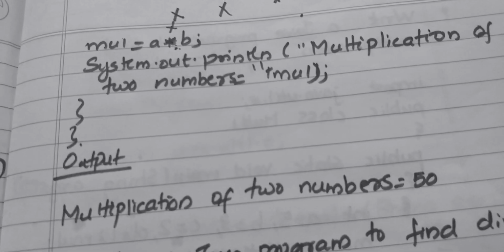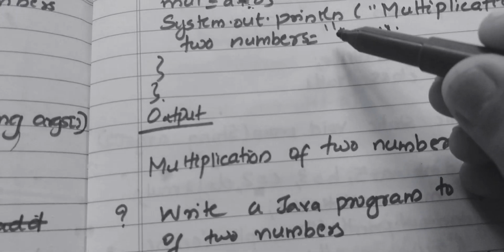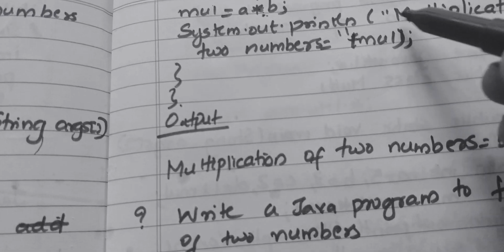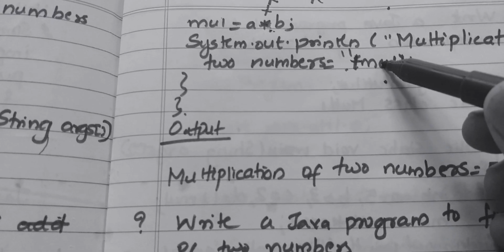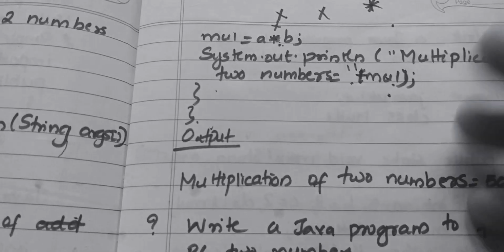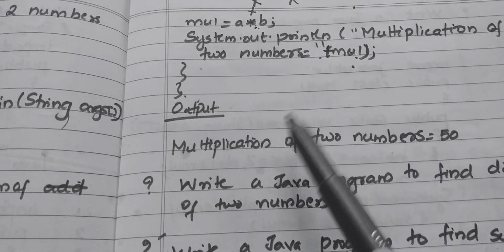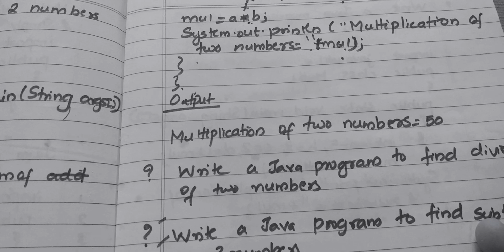So print that message, multiplication of two numbers equal. This is a message, and after that plus for joining the message and a variable name. So which is our variable mul. So close the main, close the program over. So the output of the program will be, so when we run this program, when we compile this program, there won't be any error.